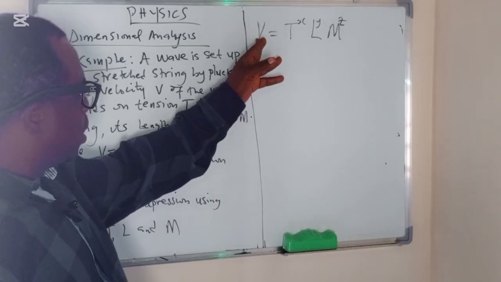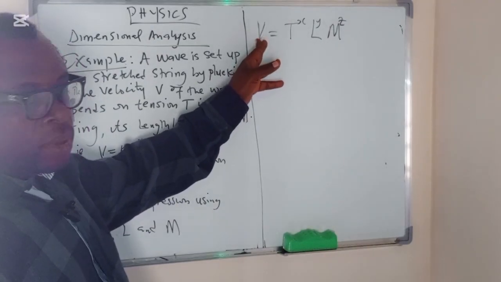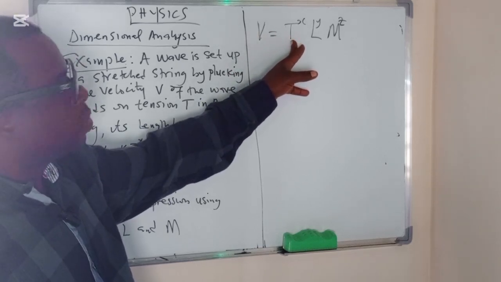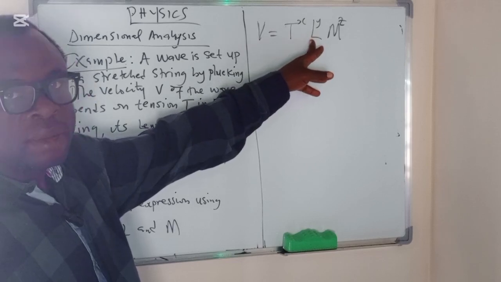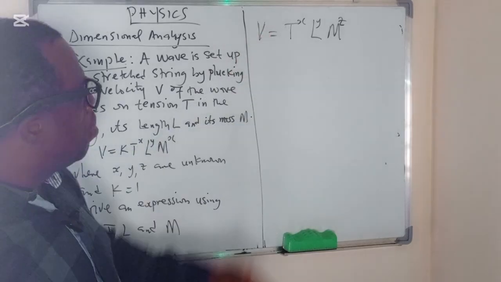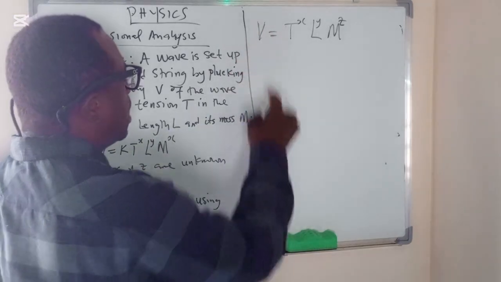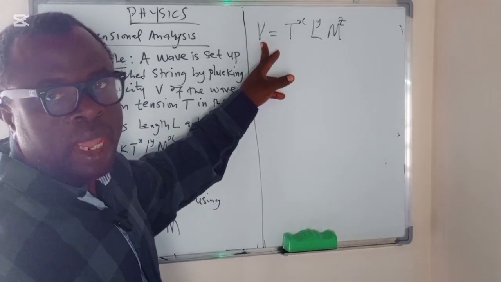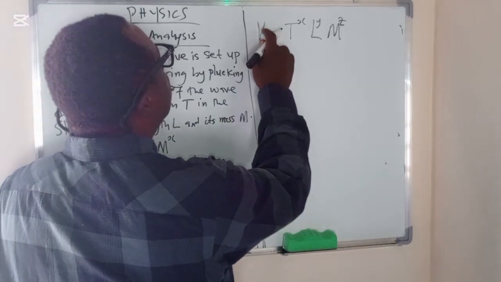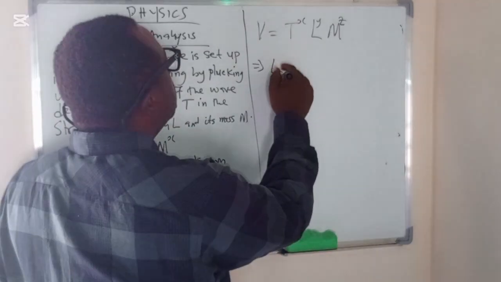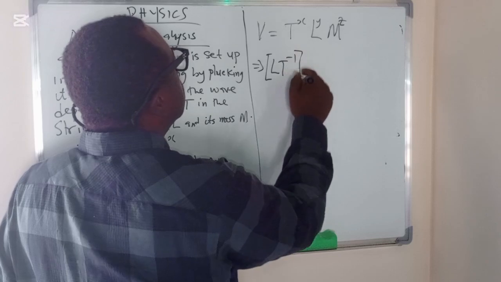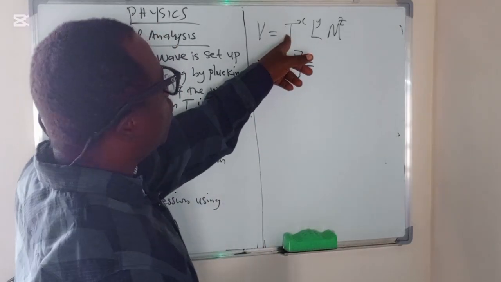So we ask this velocity, this tension, another name for tension is force, this is length, this is mass. So we simply insert the dimensions of these parameters. And we know that the dimension of velocity is L T raised to power minus 1, equal to force.